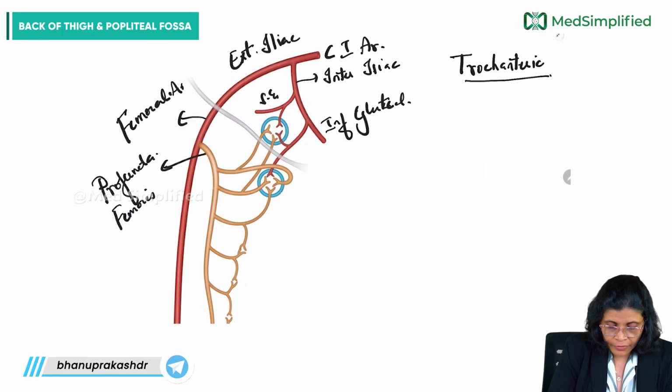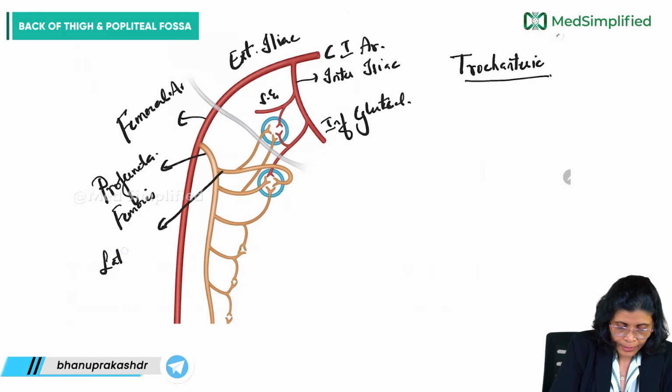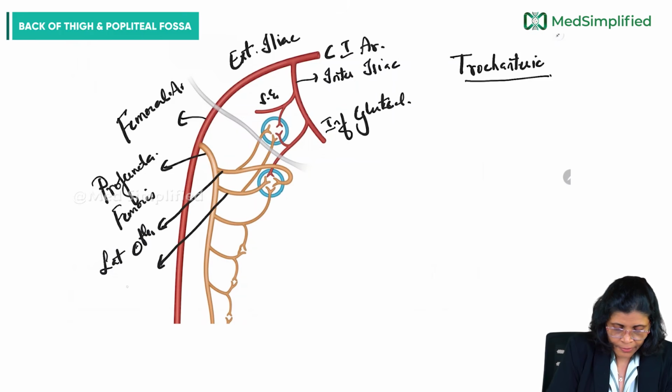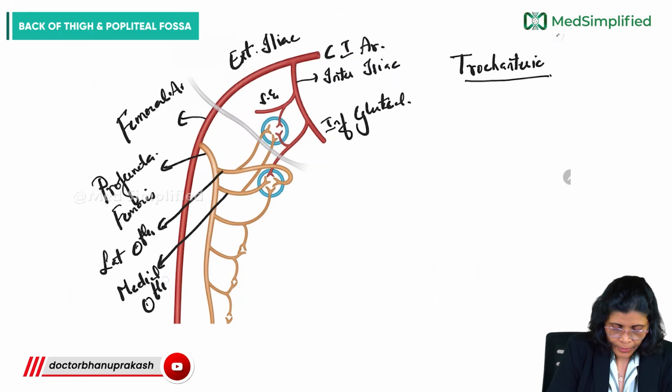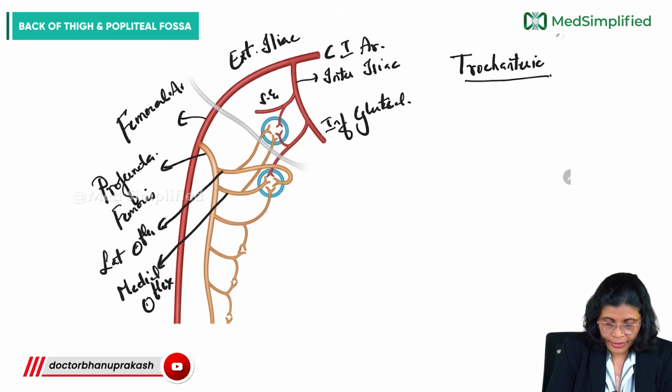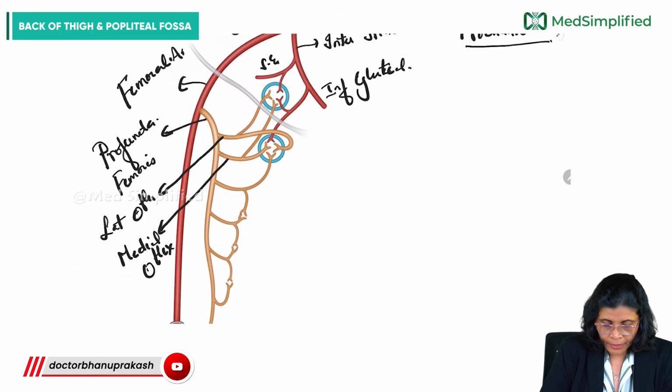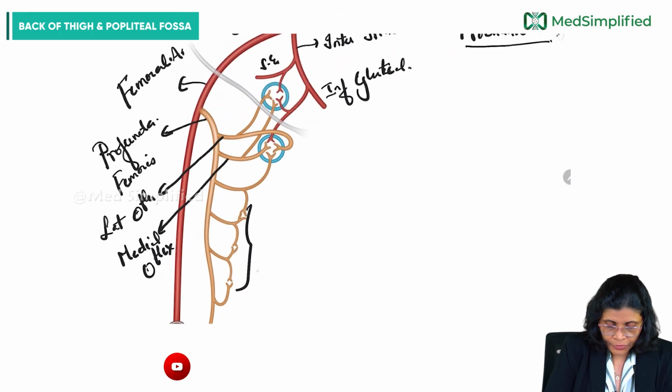So the profunda femoris now will give, this artery here will be the lateral circumflex and this one is the medial circumflex. And here we have all the perforating branches.